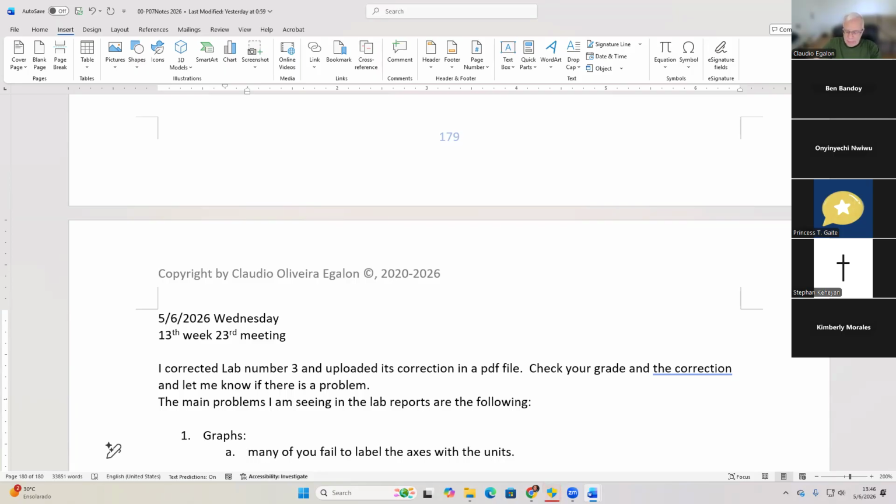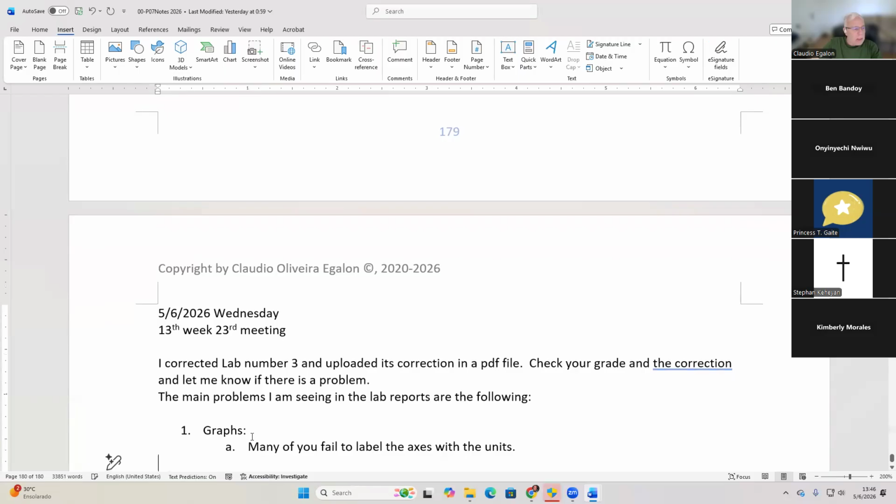Another problem that I usually see in the graphs is optimization of the graph space.